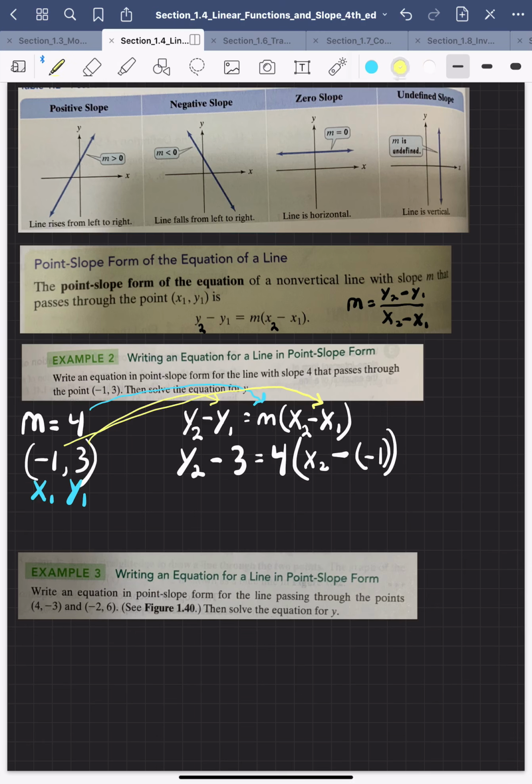Okay, so let's clean this up. So y minus 3 is equal to, so we got to turn this into a plus symbol, and we also got to distribute that 4. So that's 4 times x plus 4.